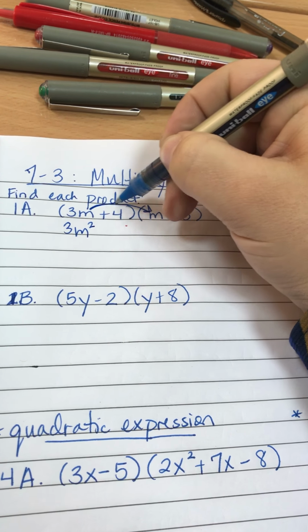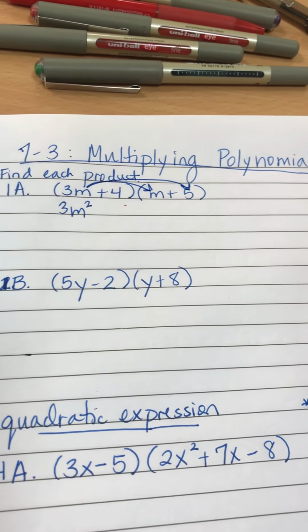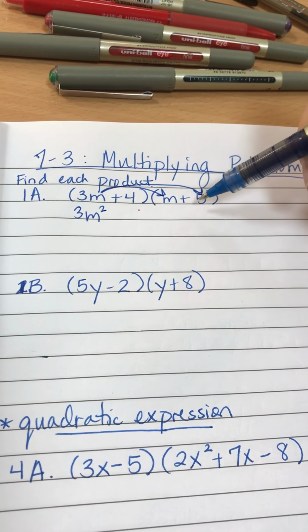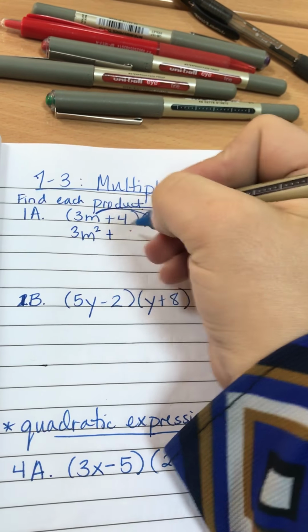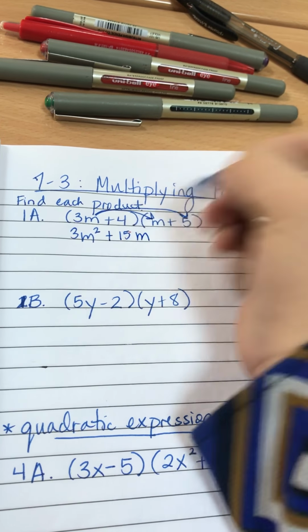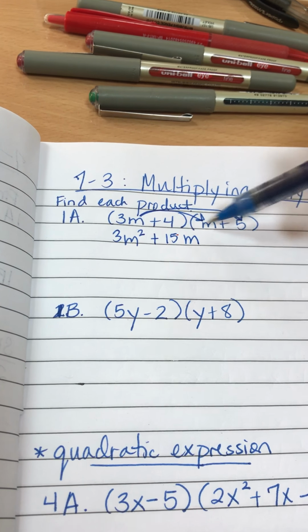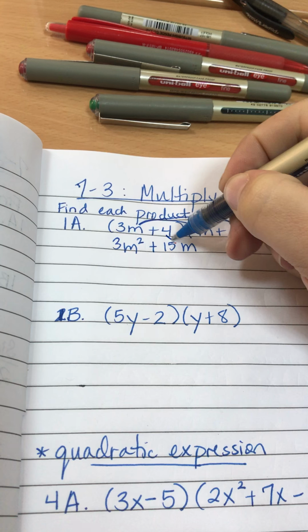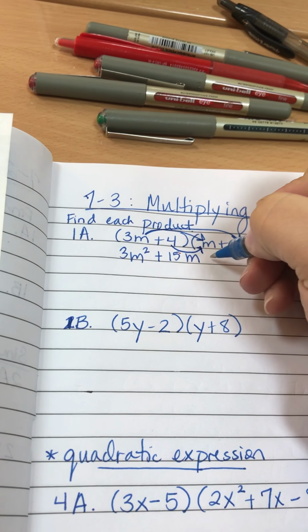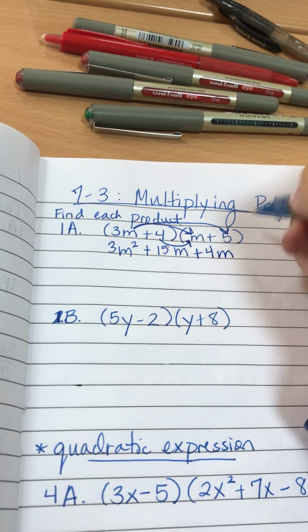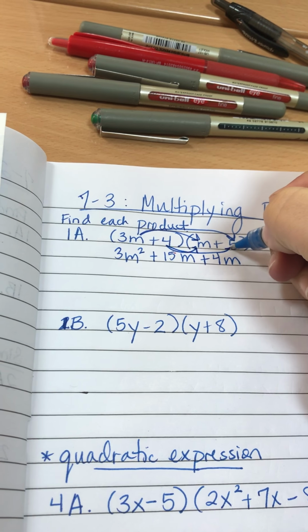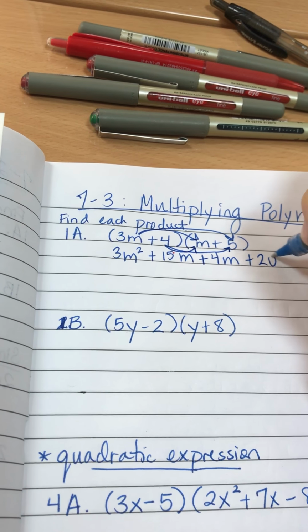Then I'm going to do 3m times the second term. 3m times 5 gives me 15m. After that, I have to multiply both of these by the 4. So I have 4 multiplied by m, positive 4m, and 4 multiplied by 5, positive 20.